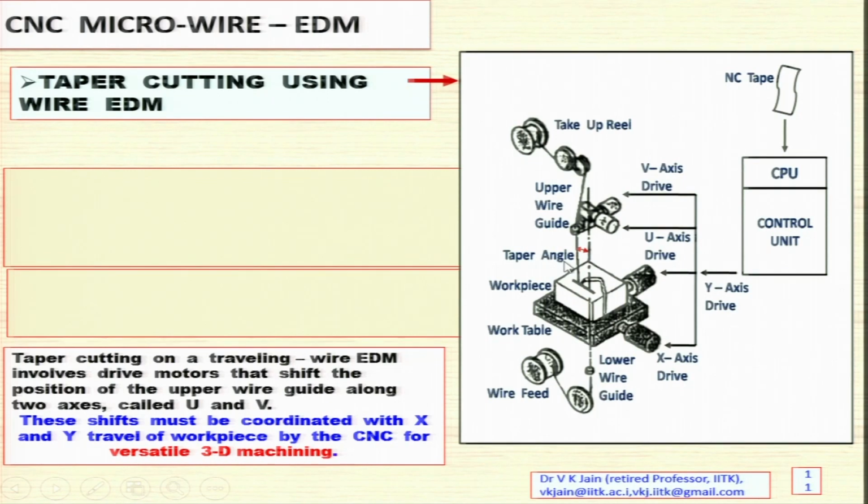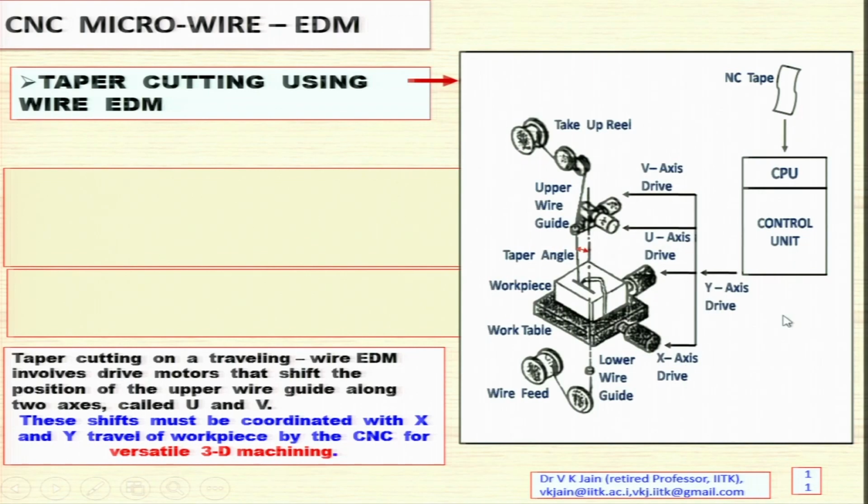You can see here taper angle is there, and this is the taper angle, and you can tilt the wire so that curved, tilted 3D surfaces can be machined. You have the work table over here, this is the workpiece, and lower wire guide, and this is a wire feed. After using the wire, it is fed, rolled over this, and x-axis is there, y-axis is there.